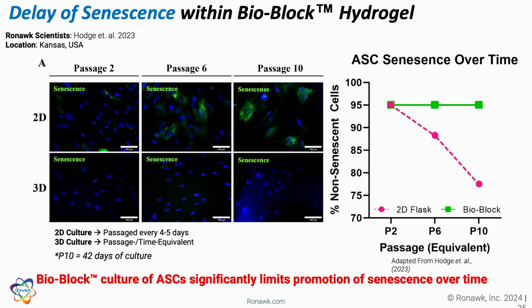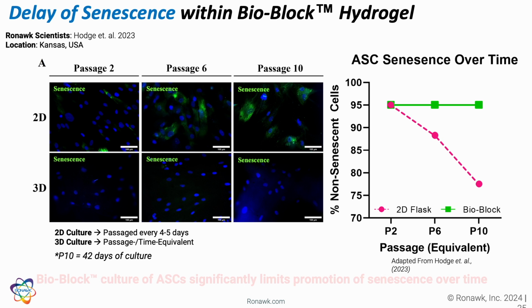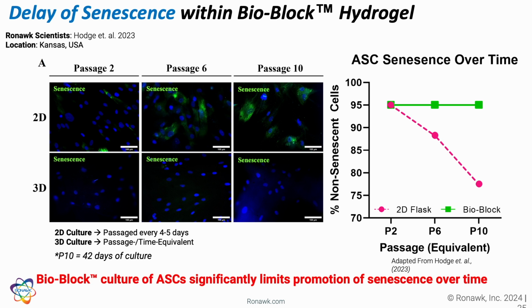And this is just a graph of the inverse. For the non-senescent cells, we keep around 95% for the bioblocks, while for the cells cultured in a 2D flask, we see a decrease in non-senescent cells, aka an increase in the senescence population.